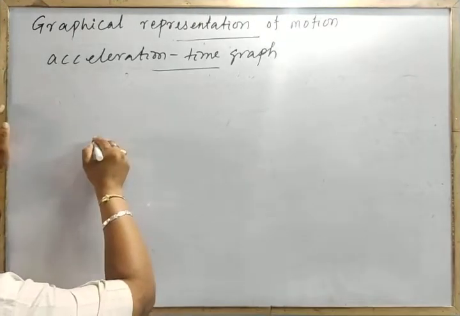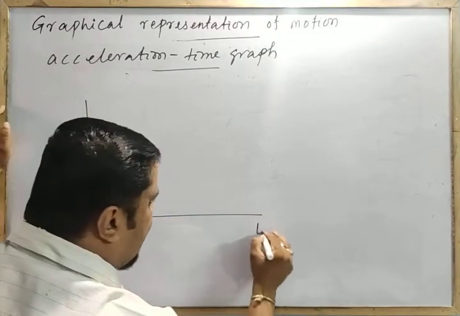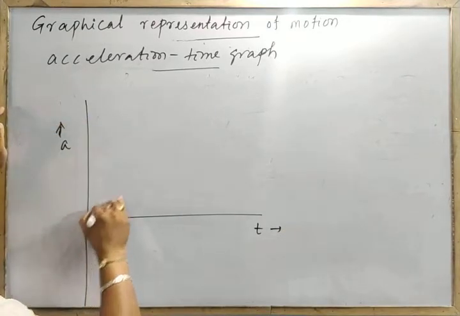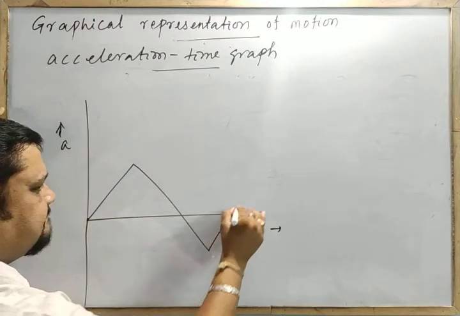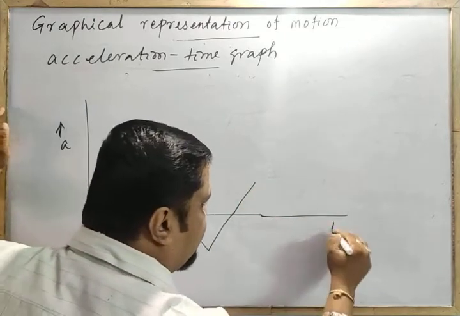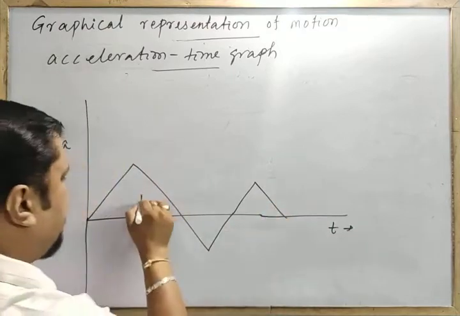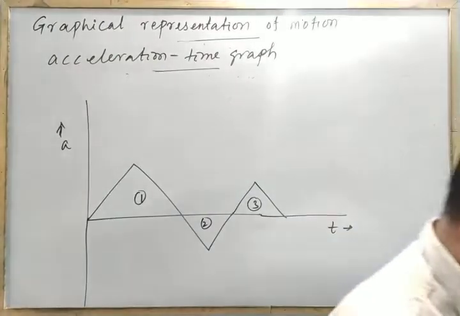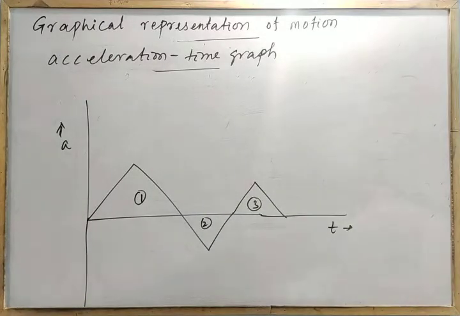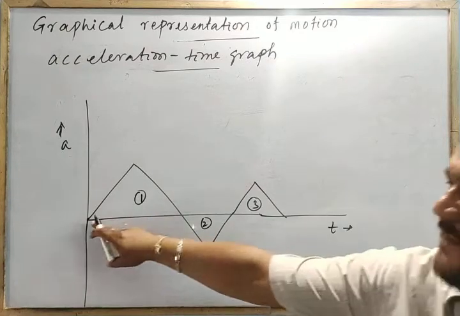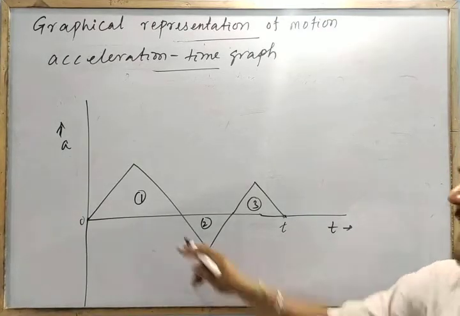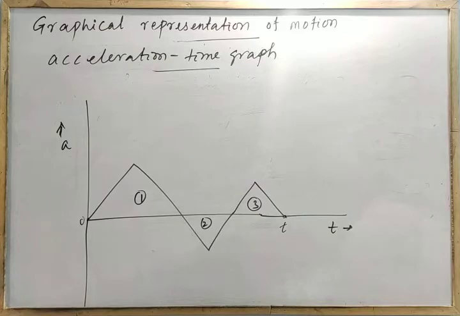Suppose you have got a graph like this, time and acceleration. Let us take more time: 1, 2, 3. Now, from here, what is the velocity in this time interval from 0 to any time t, what does the graph represent?